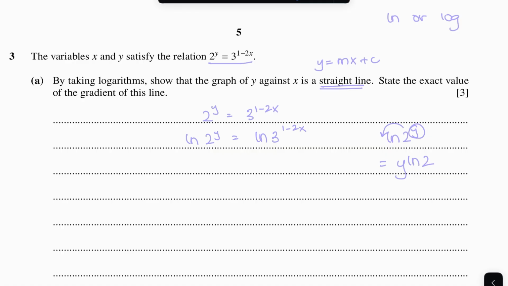So I can write y ln 2 is equal to, the same way, 1 minus 2x ln 3. Now I am going to open my bracket, so 1 times ln 3 would be ln 3 and minus 2x ln 3. Now I want to divide everything by ln 2 because I want only y as the subject to make it in this form.